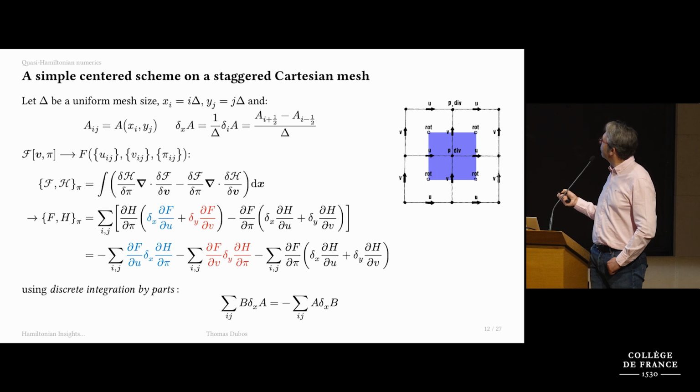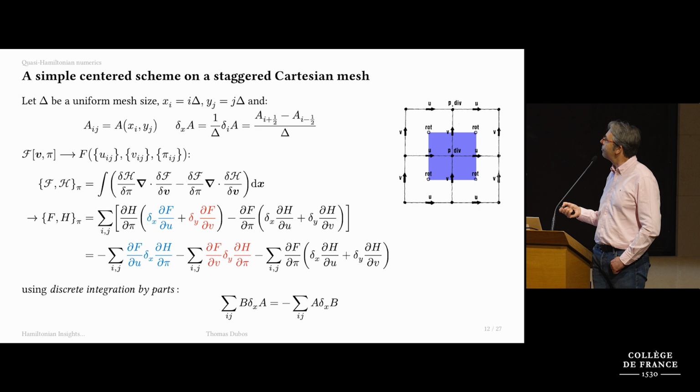For various reasons, it can be advantageous to have, say, pressure, that's my pi, and the velocity components at different places. So now, instead of having a function of the continuous fields, I will have a function of a finite number of samples of velocity at certain points and pressure at other points.